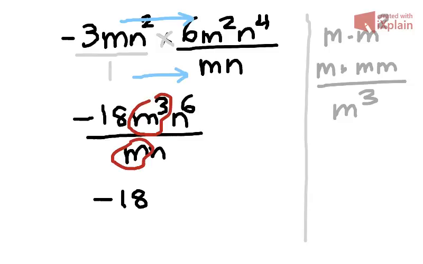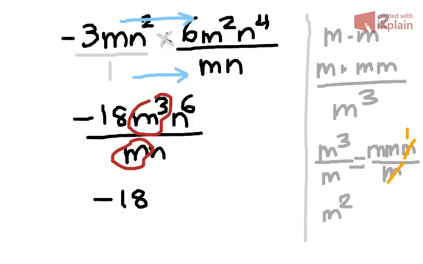Let's look on the side. m cubed divided by m is the same as m times m times m divided by m. So the m on the bottom goes into one of those on the top evenly once. So 1 times m times m will give us m squared. So that's what we have on the top. Basically what happens here is the exponent is dropped by 1 unit, which is cancelling that m out.